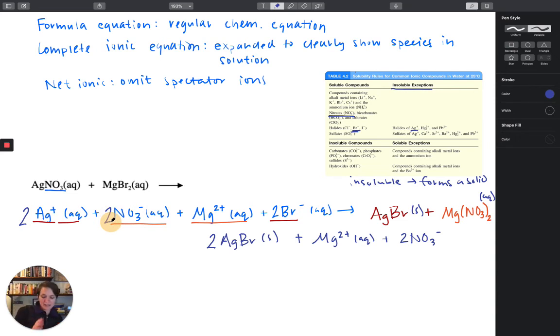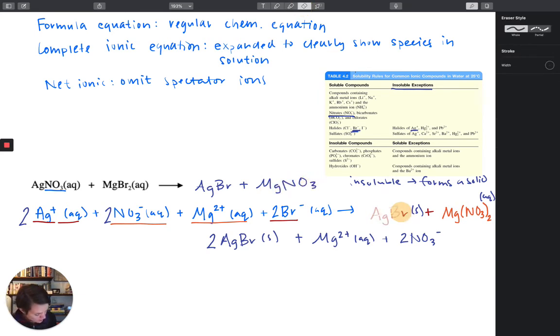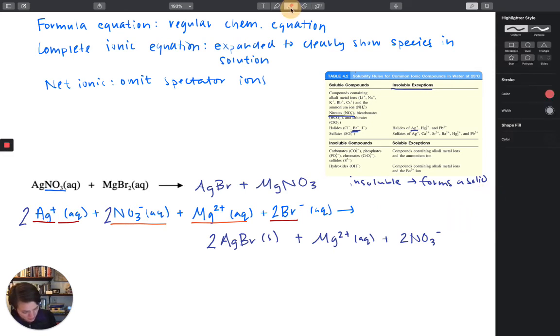It's a little easier to do when you're working with the formula equation. Right, so this would be our formula equation. Let me just move that so it's not confusing for you guys. So this is our formula equation.